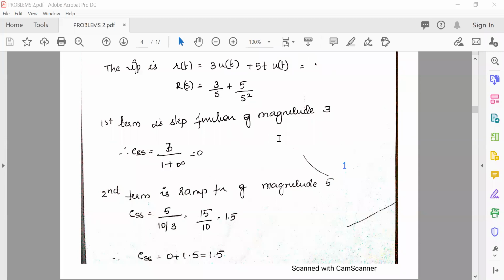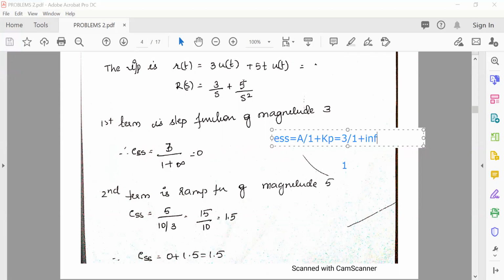If you remember, ESS is the magnitude of the step function divided by 1 plus Kp. What was the Kp value? It was infinity. Substitute, it is 3 divided by 1 plus infinity, which is nothing but 1 by infinity, which is 0.